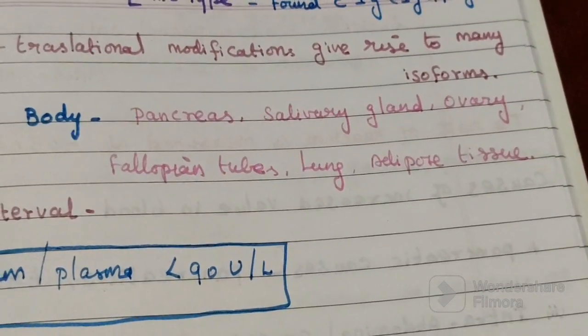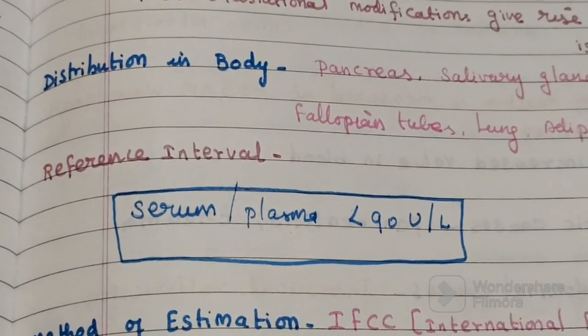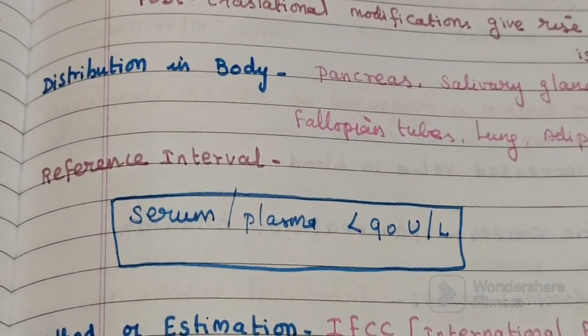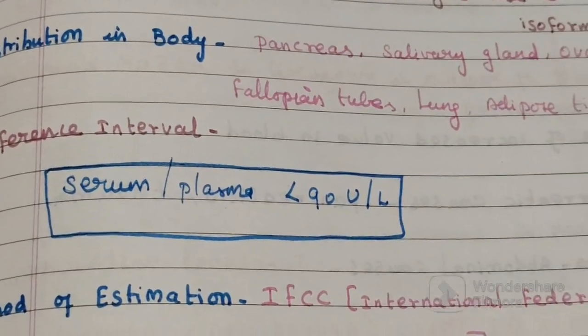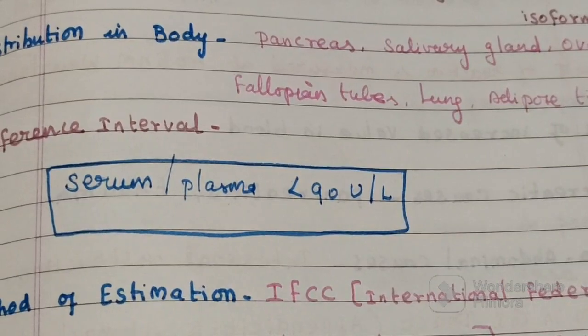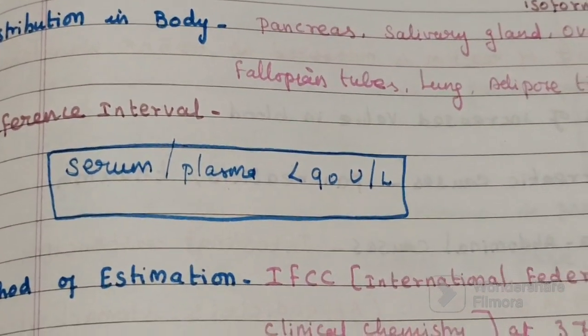These are the sites where amylase is secreted. Now the reference interval of amylase in serum or plasma is less than 90 units per liter. It depends upon the kit.